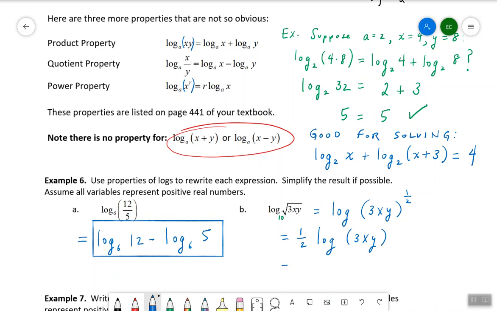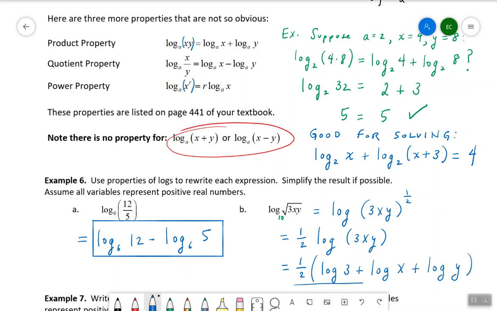And then the product property says each of these 3 factors, 3, x, and y, can get their own log with an addition in between. So 1/2, and then we're going to multiply that by the log of 3 plus the log of x plus the log of y.